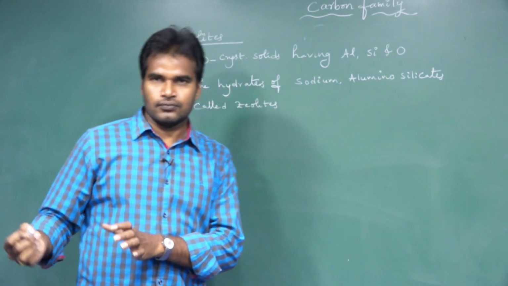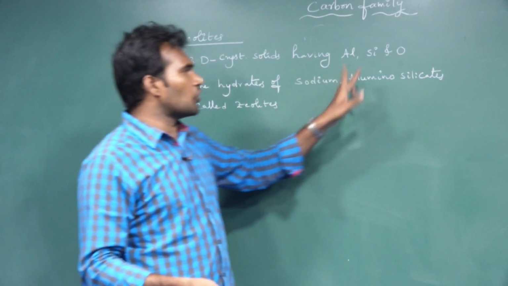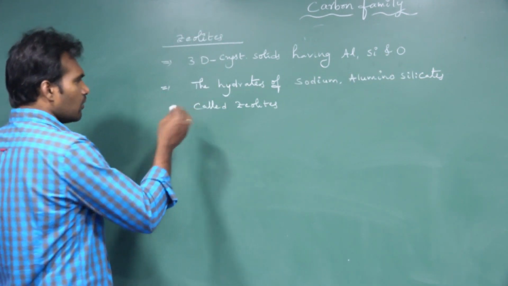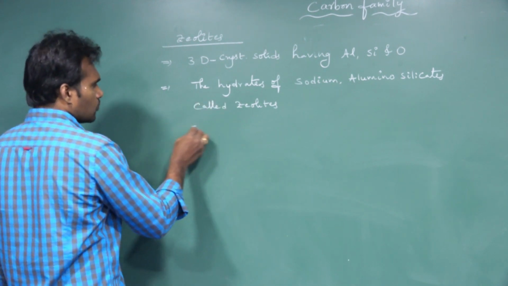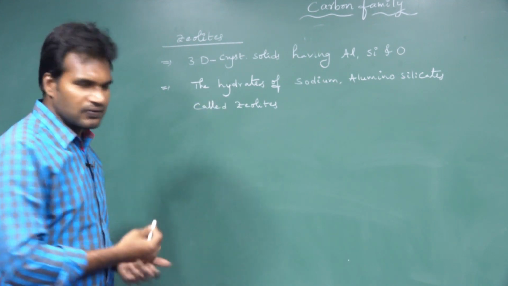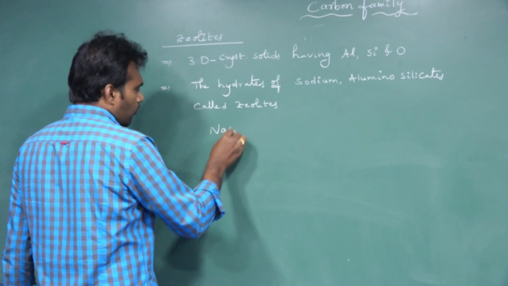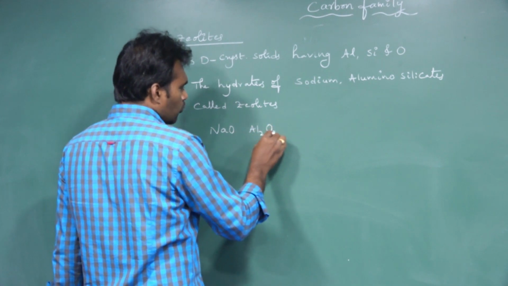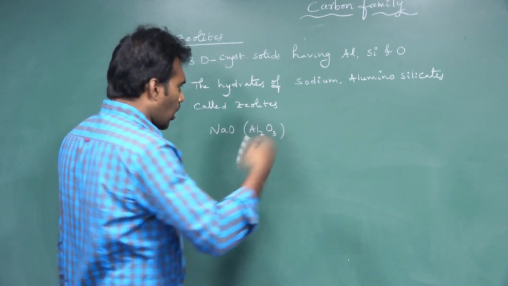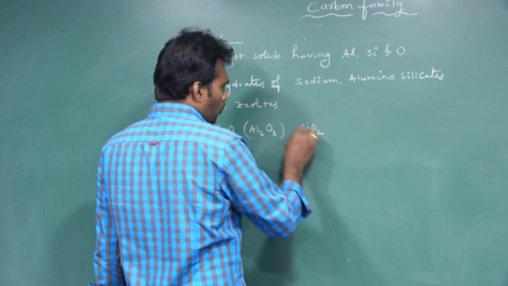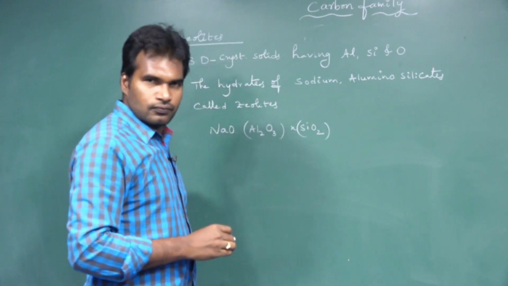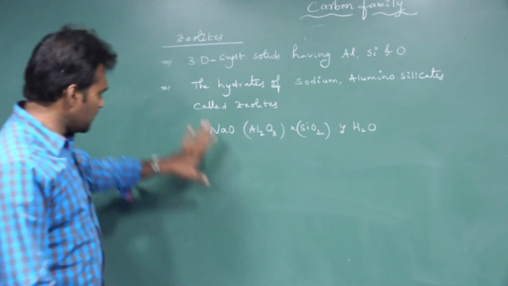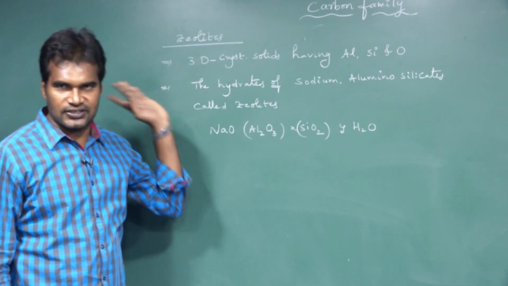Hydrates means water. The hydrates of sodium aluminosilicates we generally call zeolites. The general representation of these zeolites is Na2O, oxide of sodium, and oxide of aluminium, Al2O3, and oxide of silica, SiO2, X moles, and Y moles of H2O.